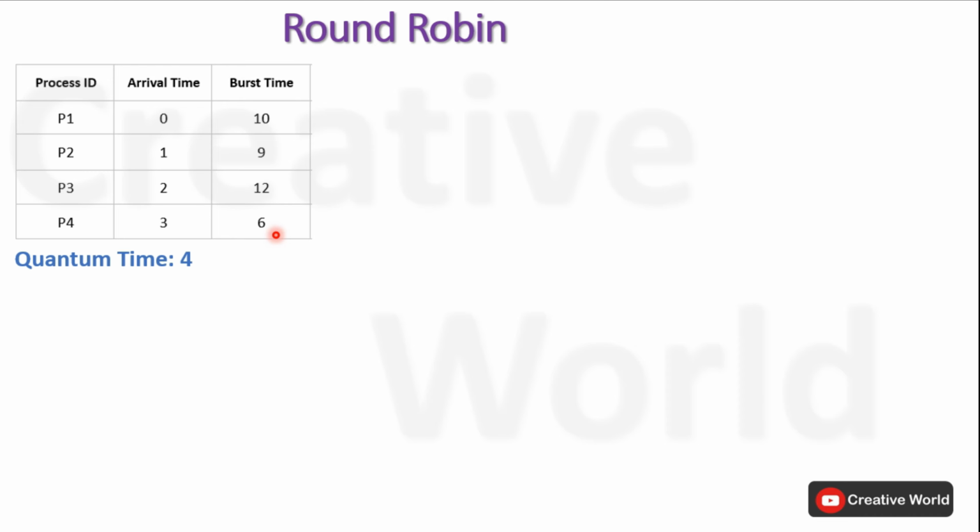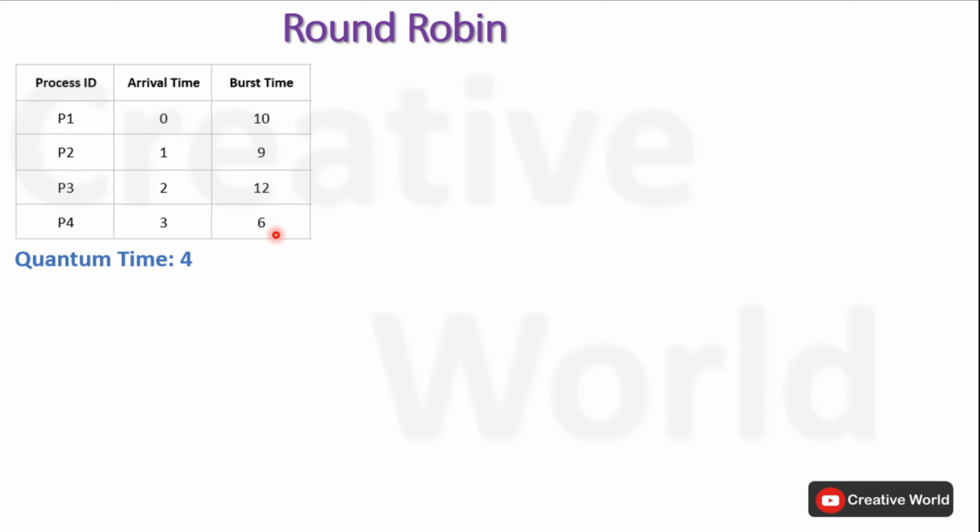So first of all, we know that in order to do round robin algorithm, we have to specify another parameter, that is quantum time, and it is actually the predefined time for which every process runs, and after the completion of this time a transition occurs to the next process.